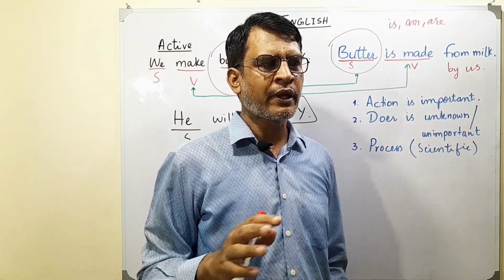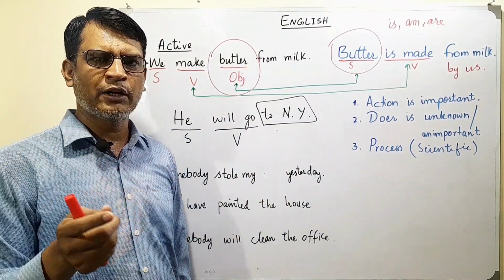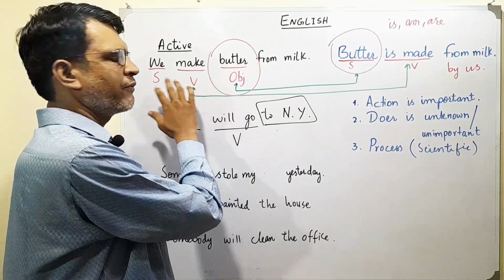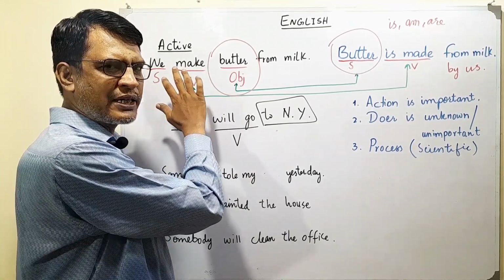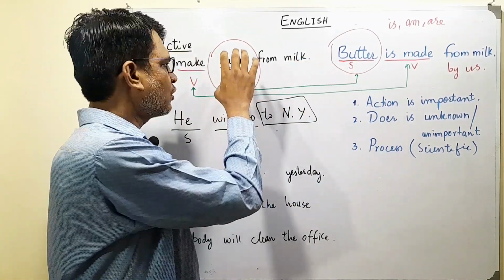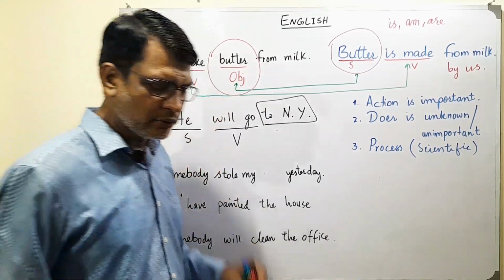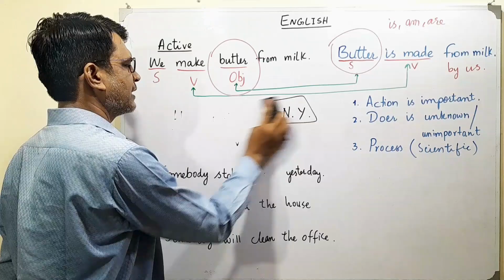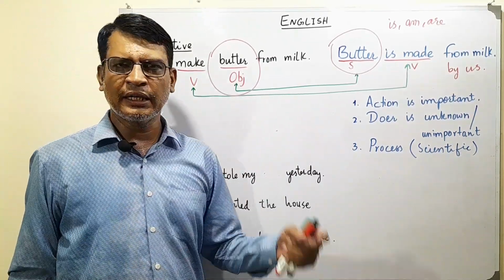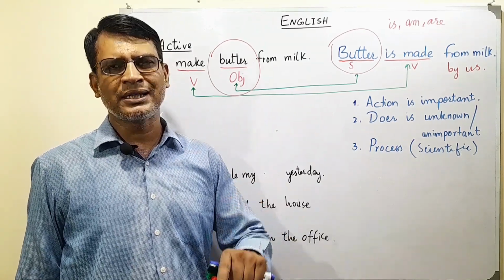So remember that if you are using by, remember to use an object pronoun, not the subject pronoun. So over here we have an active sentence. We change active into passive by focusing on the object, by focusing on the verb. And we also need to see that the sentence we have in active is in either present or past or future or perfect or continuous.